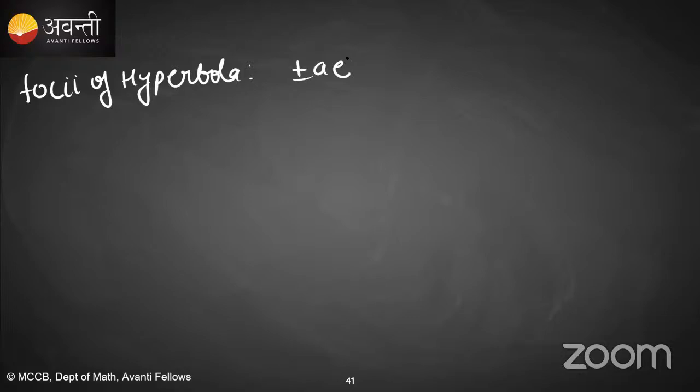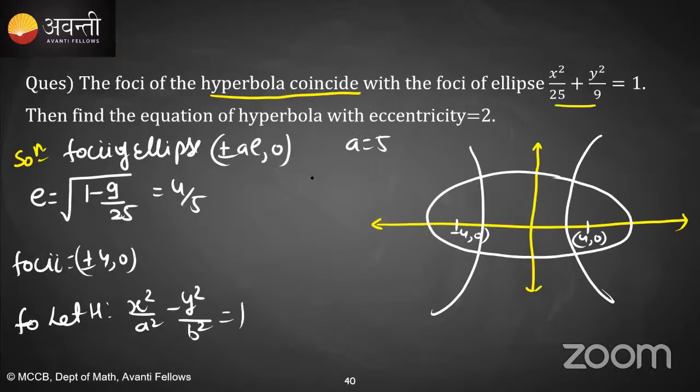Let's just call the eccentricity of the hyperbola e dash. It means ae dash should be 4, because the coordinates of the foci of the hyperbola are exactly the same.